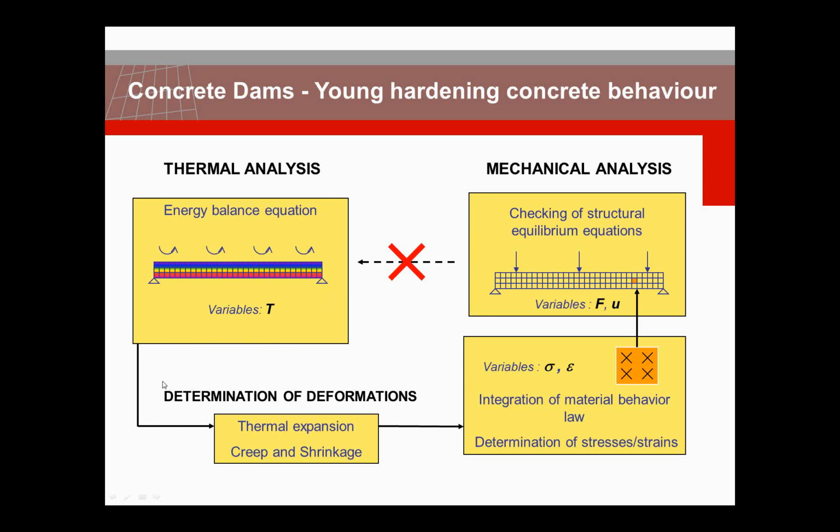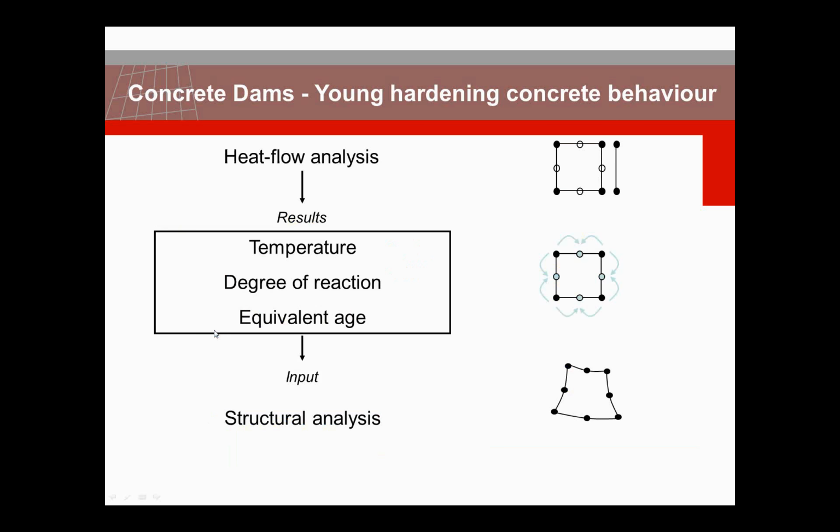But here we not only transform the temperatures for the thermal expansion as input in the stress analysis, but also define and calculate the conditions for the creep and shrinkage, which are effects that are dependent on the maturity and the equivalent age of the concrete, which can be derived and defined by the temperature that is developed during the casting process of the concrete. How does that work?